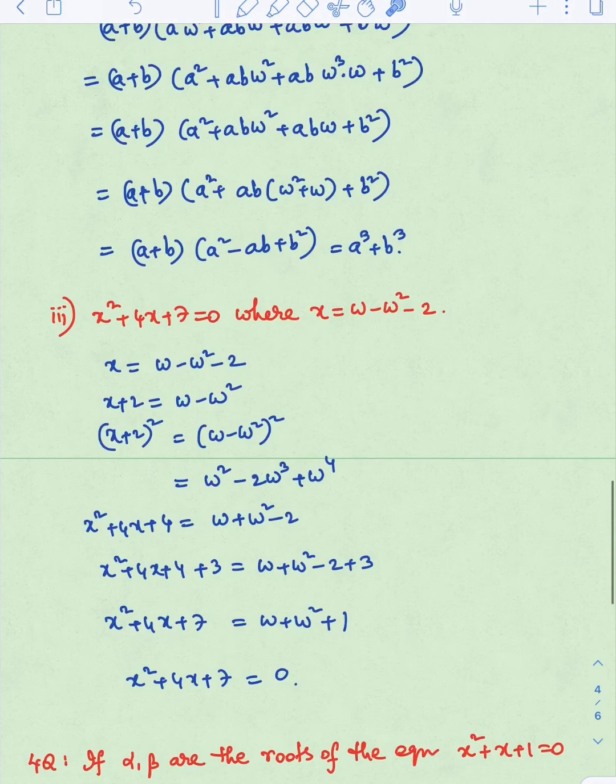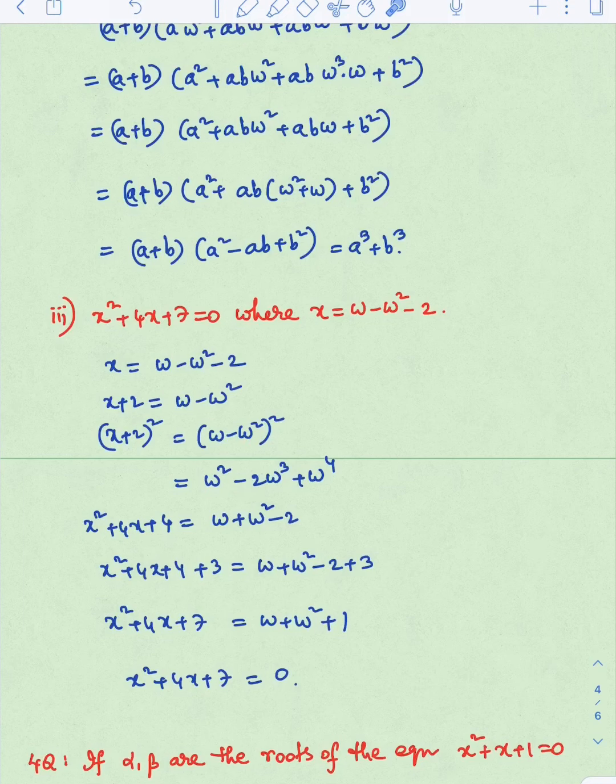Next, third bit. This is equal to 0, we have to prove, where this is given. First given part is taken. Minus 2, when you take this side will become plus 2. It remains. Here take whole square. This side also. A minus b whole square formula applied.